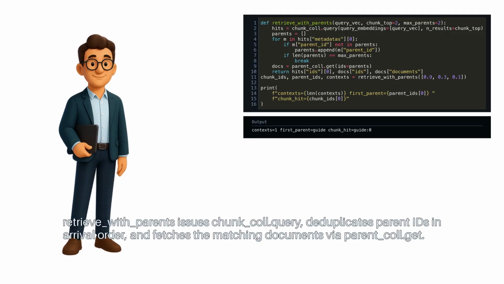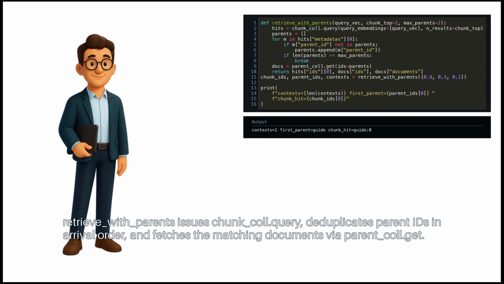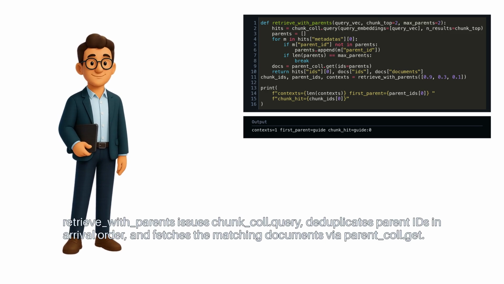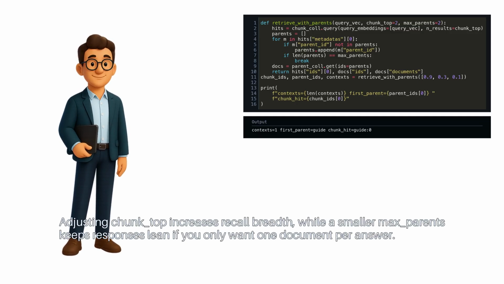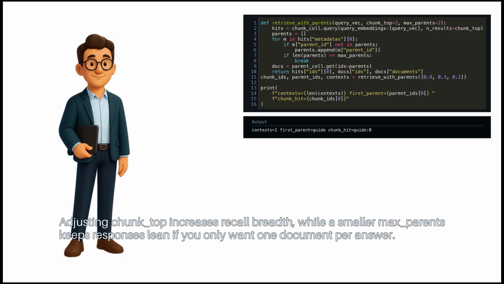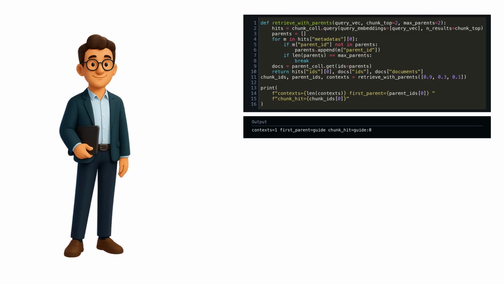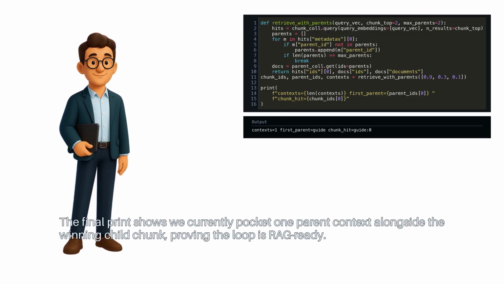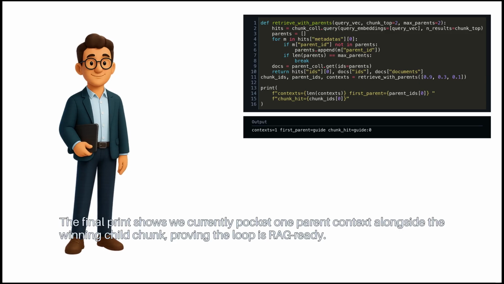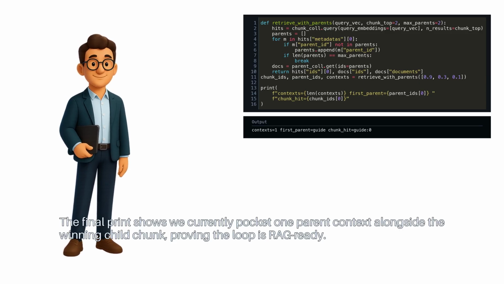Retrieve_with_parents issues chunk_call.query, deduplicates parent IDs in arrival order, and fetches the matching documents via parent_call.get. Adjusting chunk top increases recall breadth, while a smaller max parents keeps responses lean if you only want one document per answer. The final print shows we currently pocket one parent context alongside the winning child chunk, proving the loop is RAG ready.